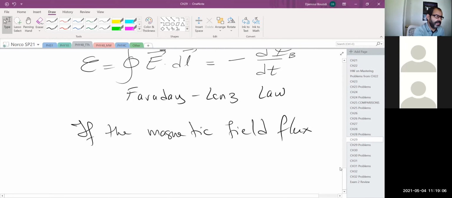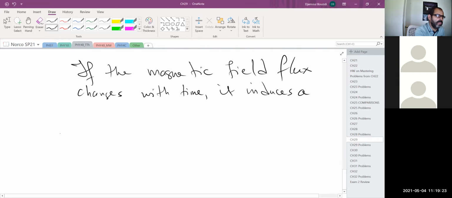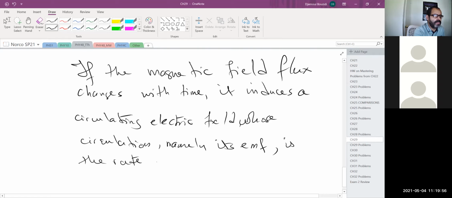If the magnetic field flux changes with time, it induces a circulating electric field whose circulation, namely the EMF, electromotive force, is the rate at which the magnetic flux is changing with time.